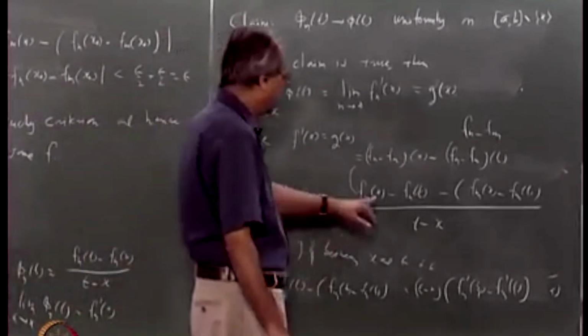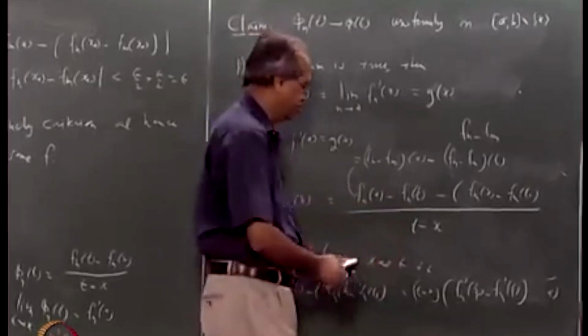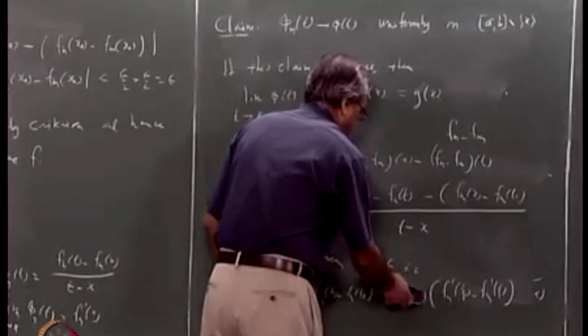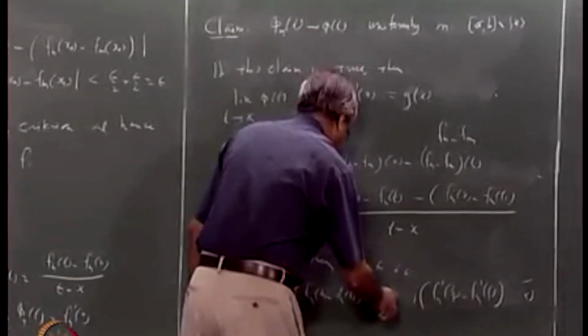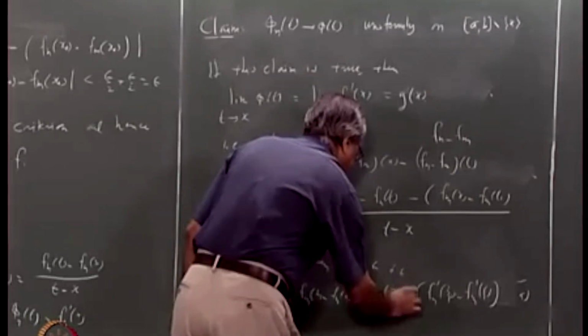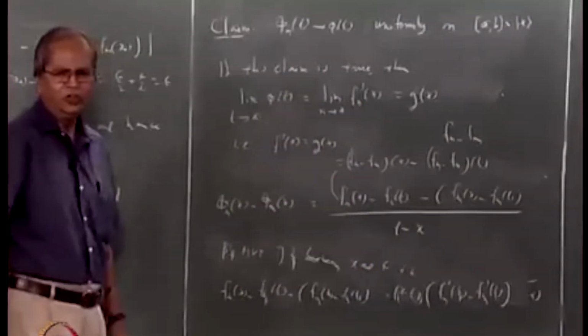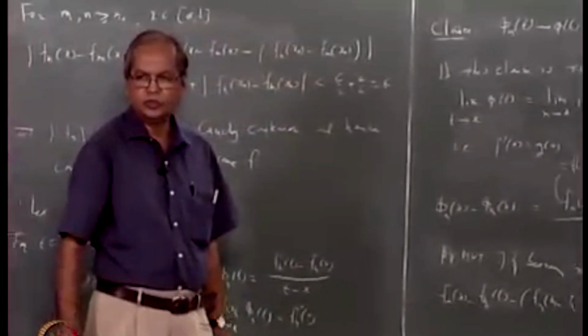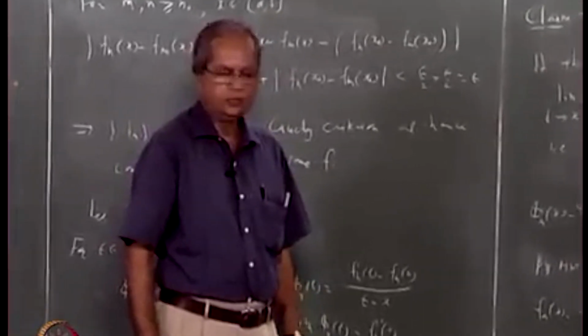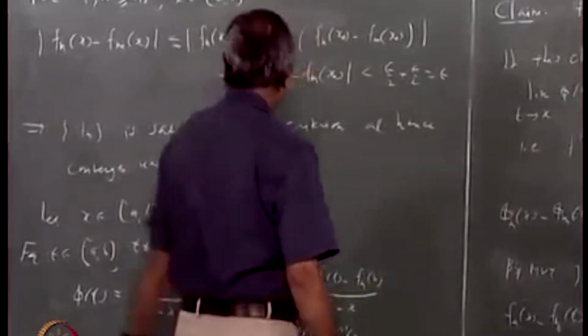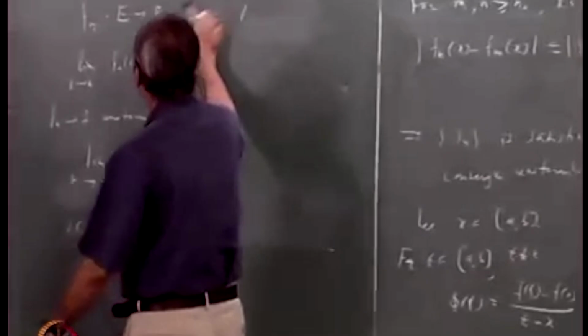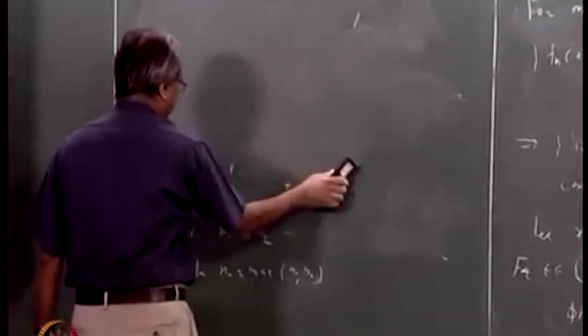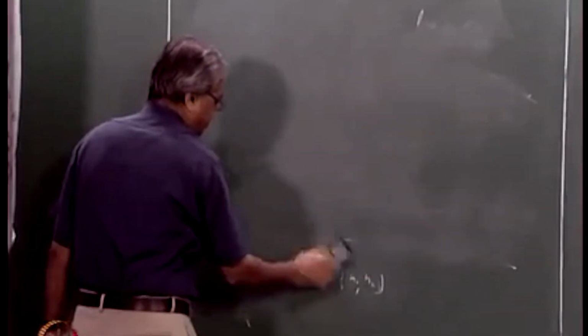What you are saying is this will be x minus t. Fine, it will not matter because we are going to take absolute values. Finally, this t minus x will cancel with that x minus t, with a negative sign.